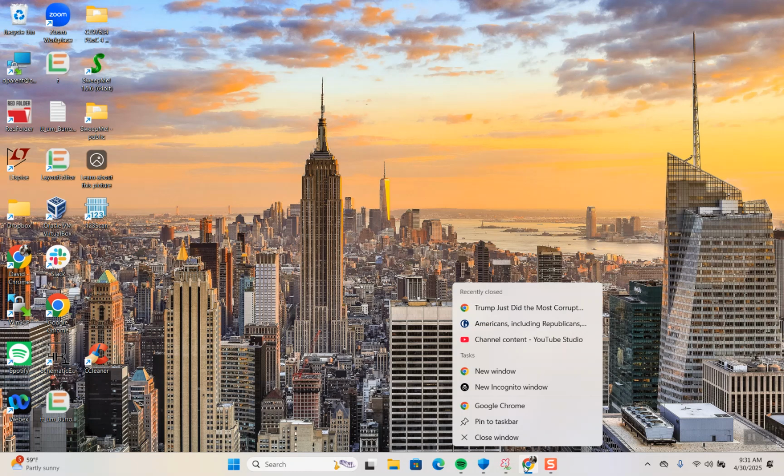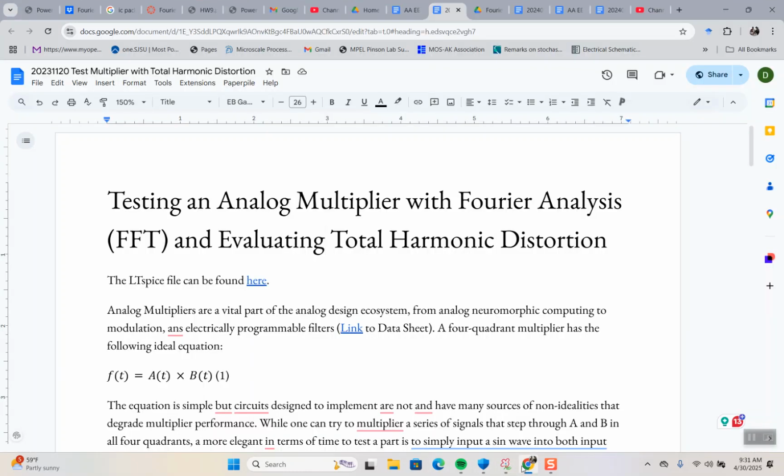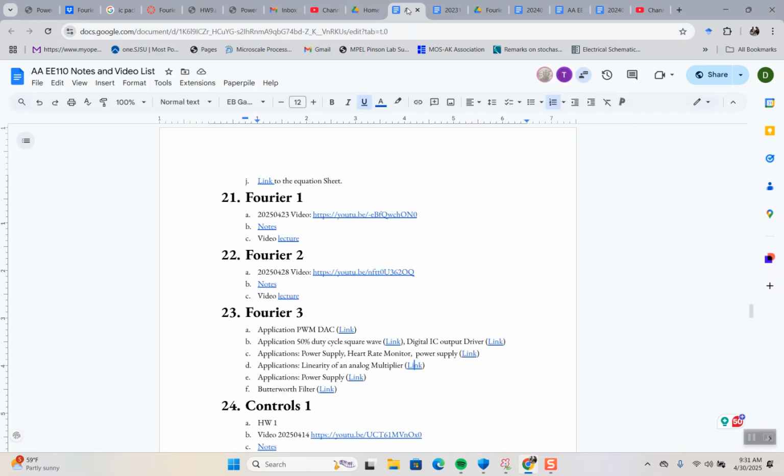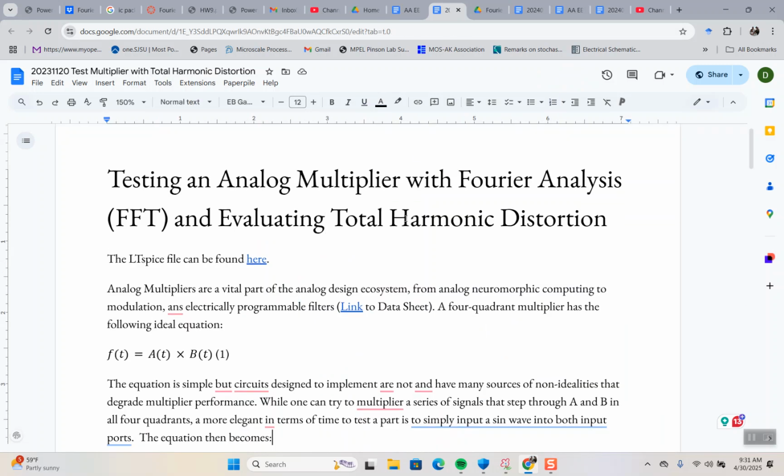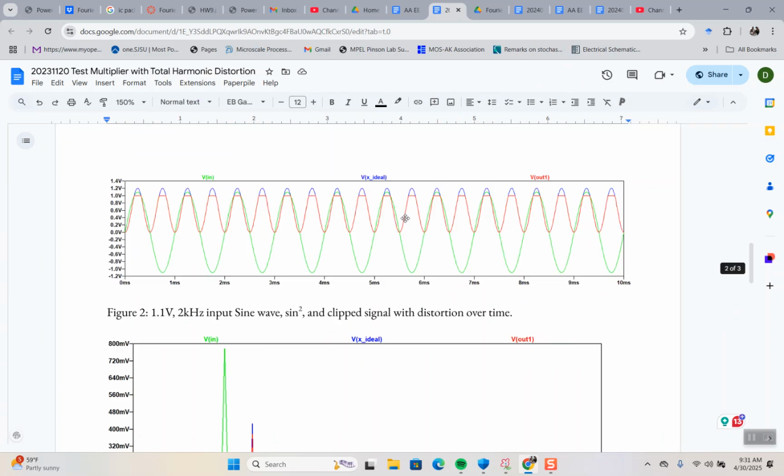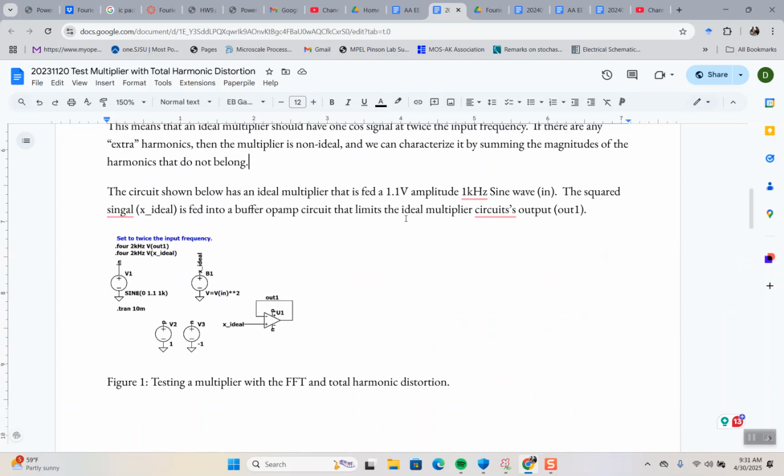But it can be a little bit tricky because it really is based on what the fundamental frequency is. Oh, I did it already. Okay. So here's an LTspice code, right?